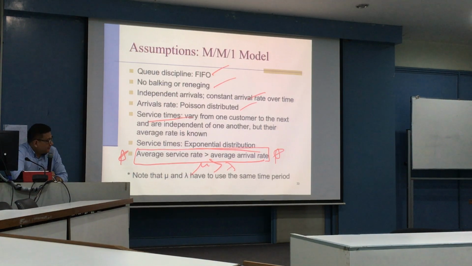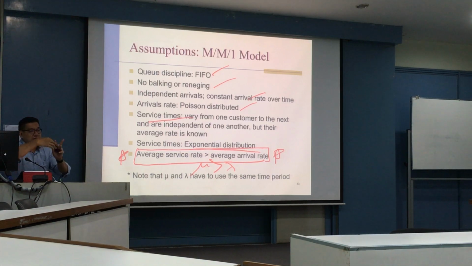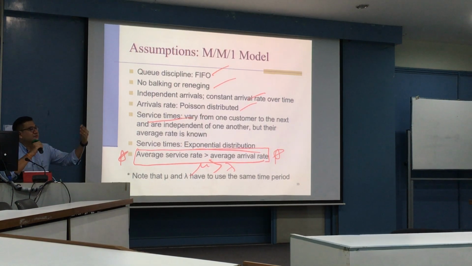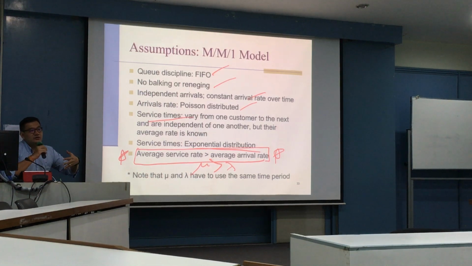Why? Because if mu is less than lambda, it is not a queuing system. You're going to have a system where customers are not staying in the queue. A lot of people try to get service and they don't stay in the line. For example, say we have just two counters selling tickets for, let's say, GOT7 or something.